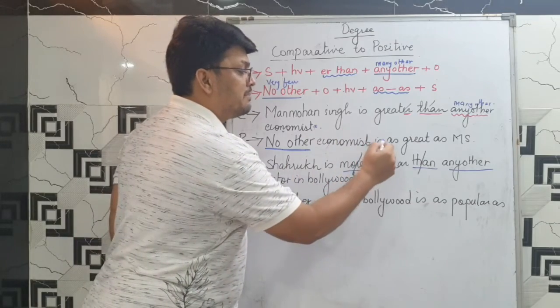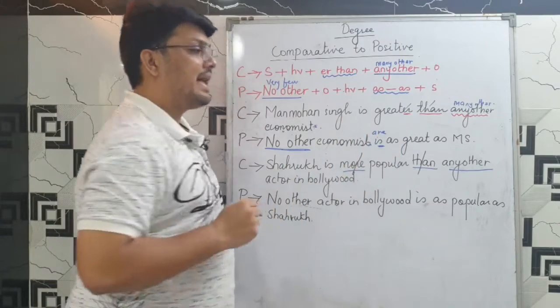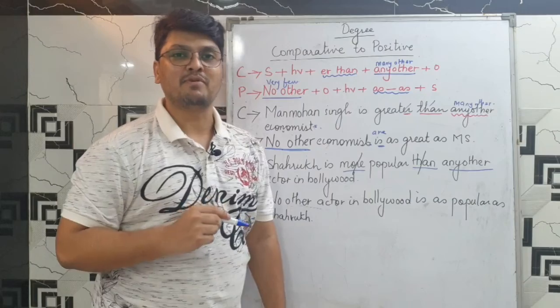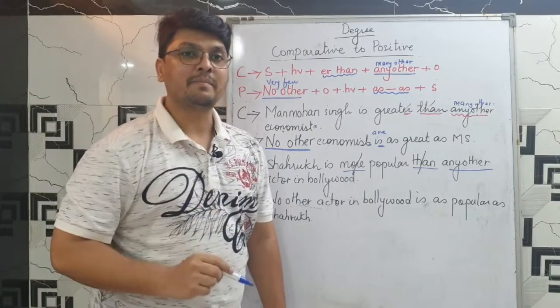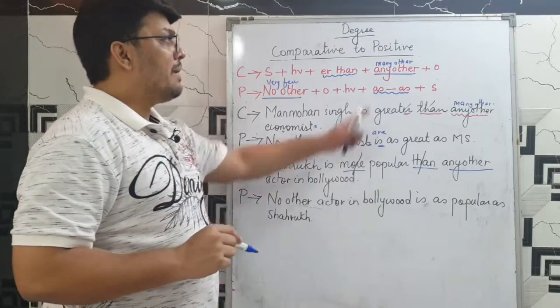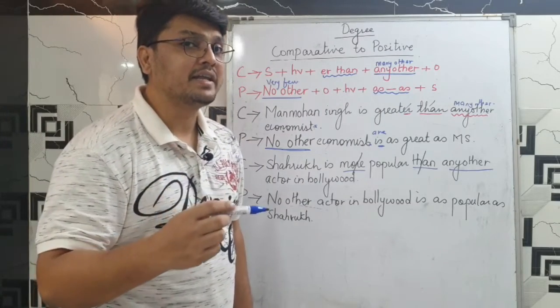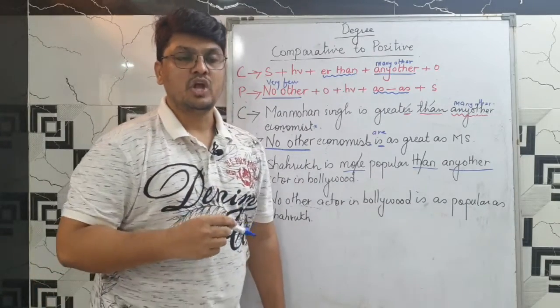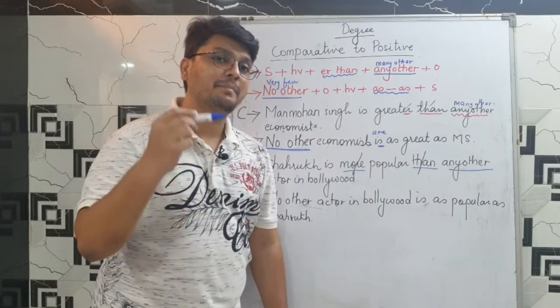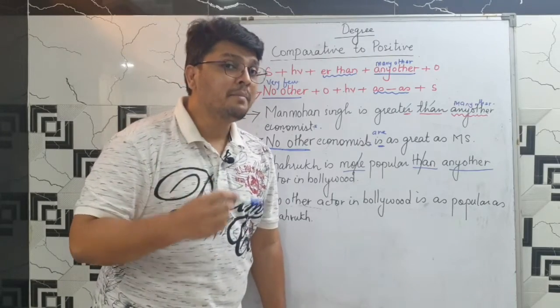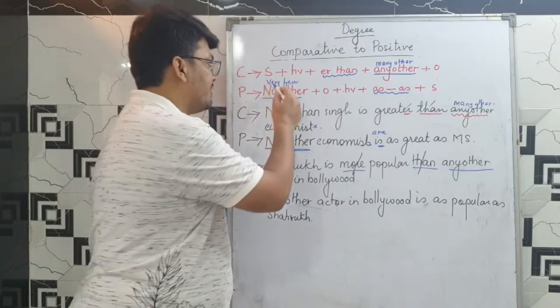Then the verb will also become plural: are as great as Manmohan Singh. Once again I repeat, I taught you about any other. But what if instead of any other, many other comes? If you see many other in comparative degree, begin positive degree with very few.